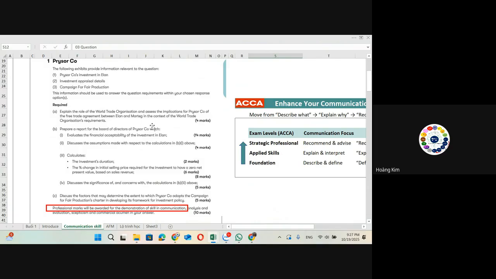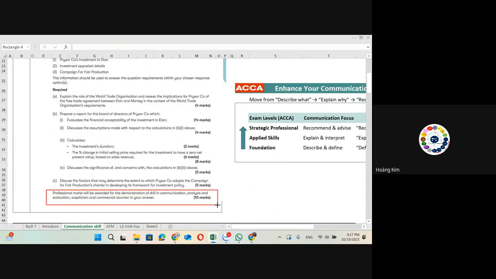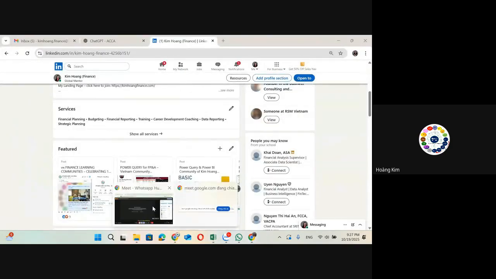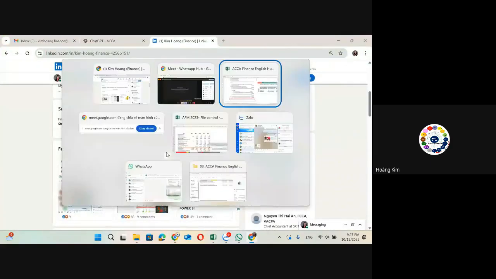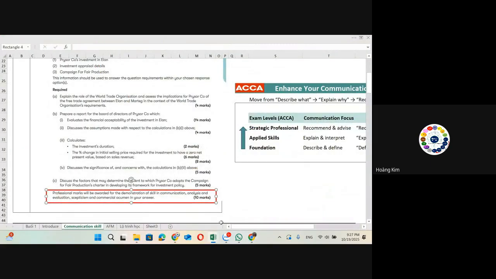Most of the exams always say this phrase: professional marks. Professional marks will be awarded for demonstrating skill in communication, analysis and evaluation. That is 10 marks, very important, and they don't change this skill for the advanced paper.